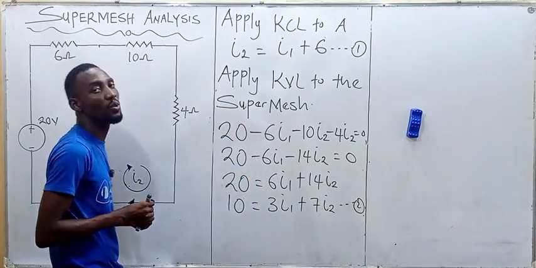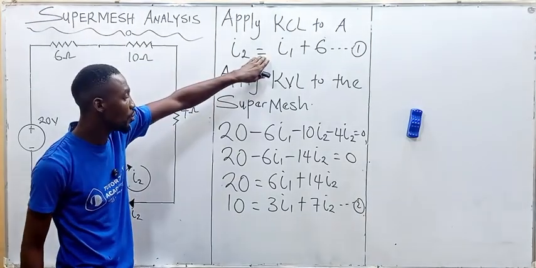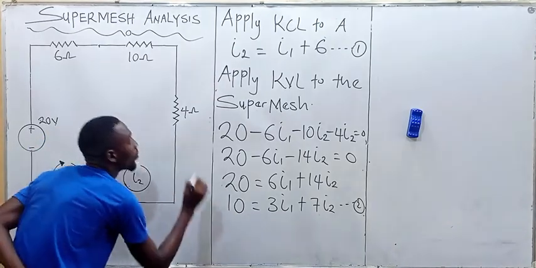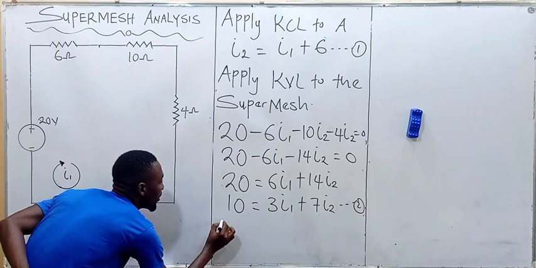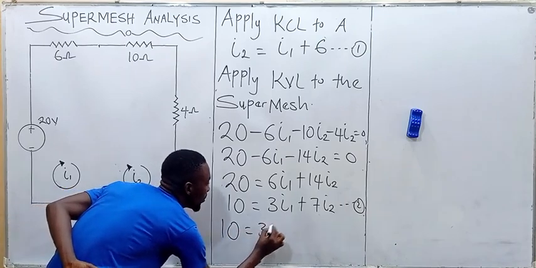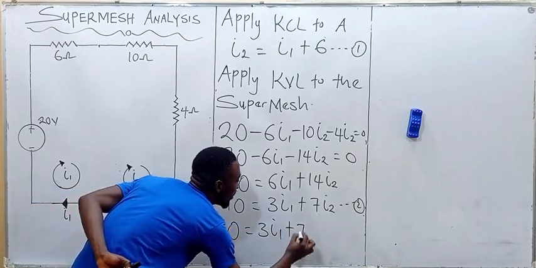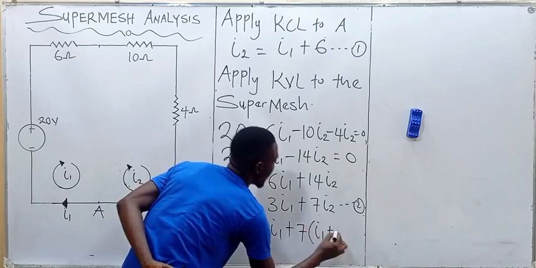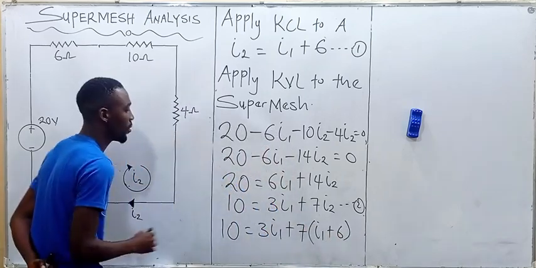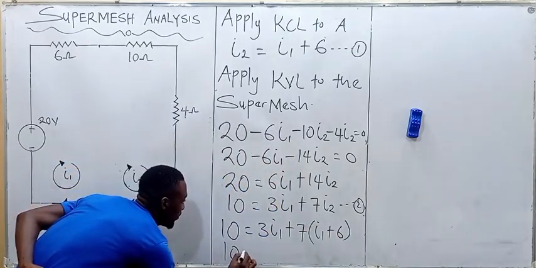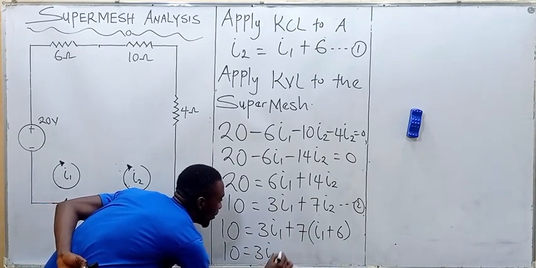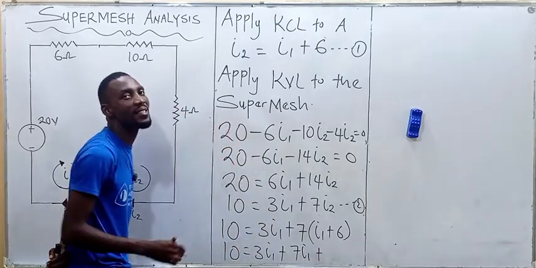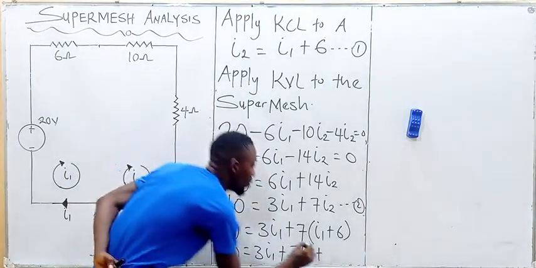So the next thing we are going to do is we are going to substitute equation 1 into equation 2. So put 1 into 2, I'm going to have 10 to be equals to 3I1 plus 7 into I2, which is what? Is I1 plus 6. Alright. So here we're going to have 10 is equals to 3I1 plus 7I1 plus 7 times 6. 7 times 6 is 42.